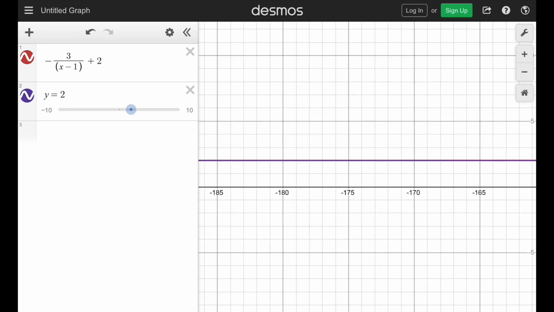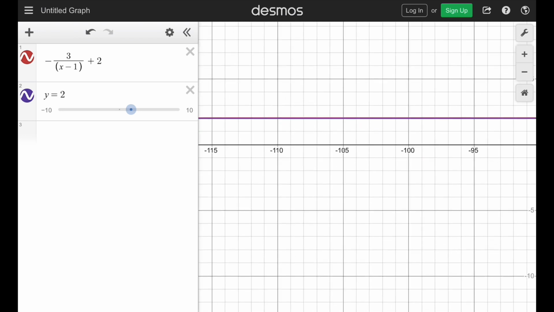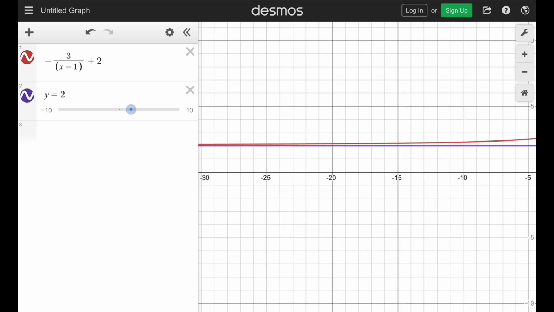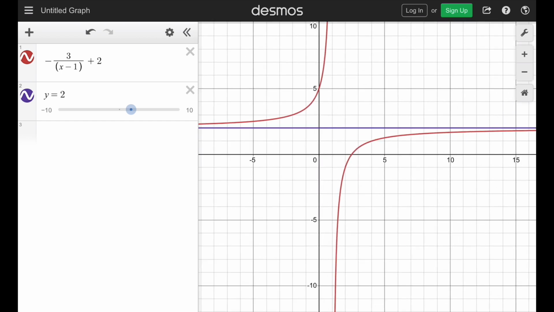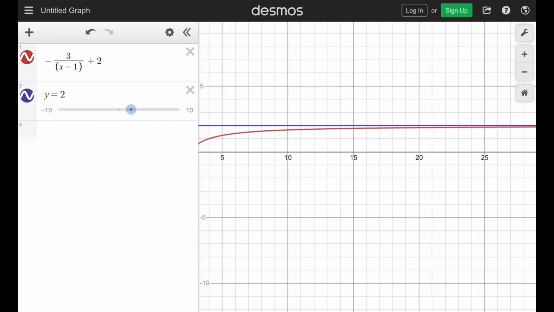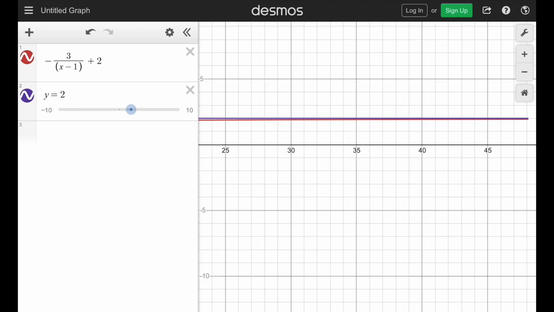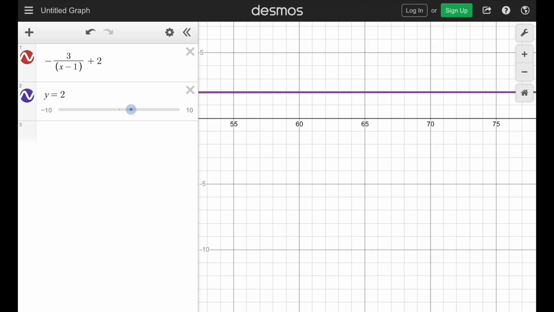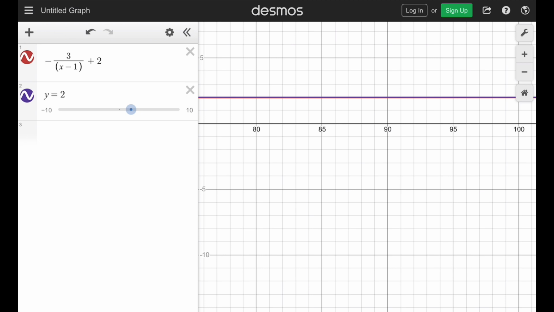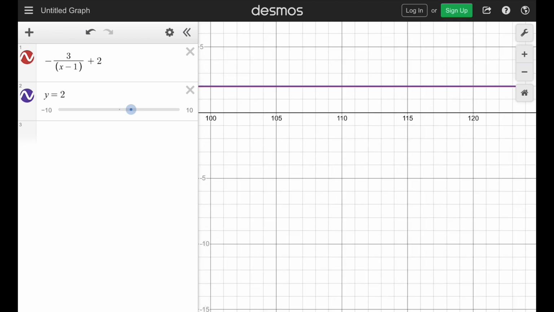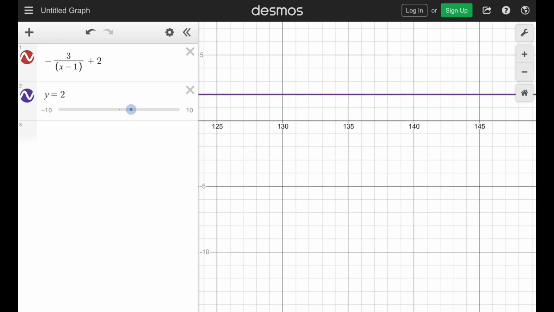Also, as the value of x increases, our hyperbola, the red graph, approaches the purple line. We're increasing the values of x. This is the x-axis, increasing, 120, 130.